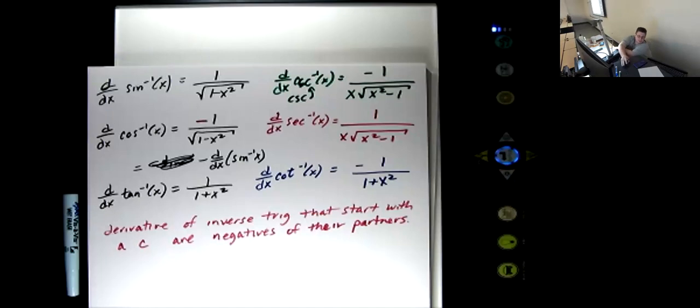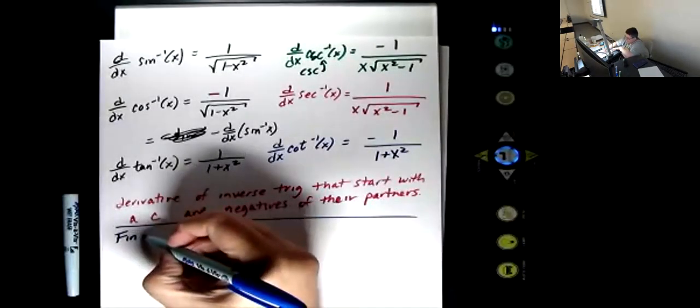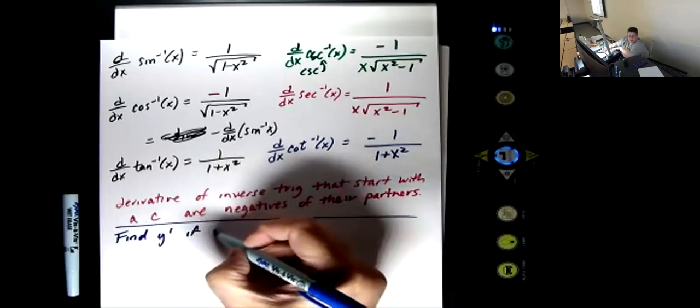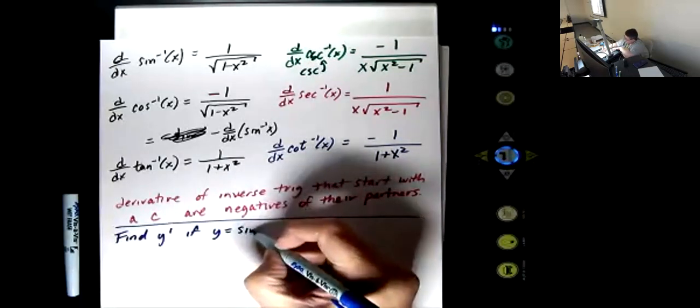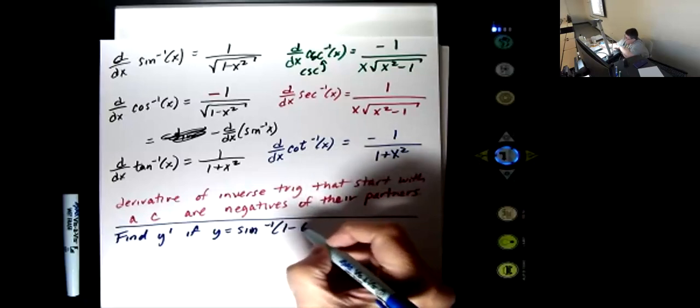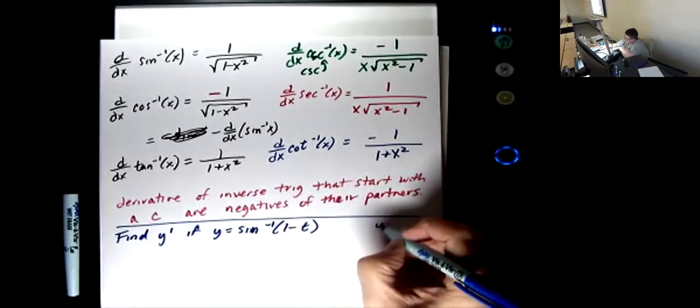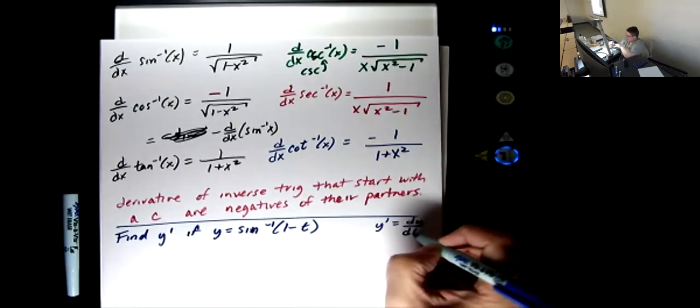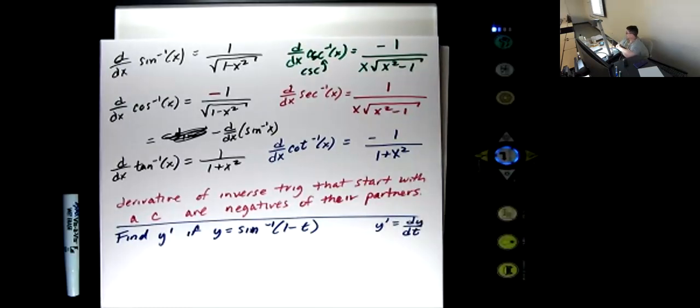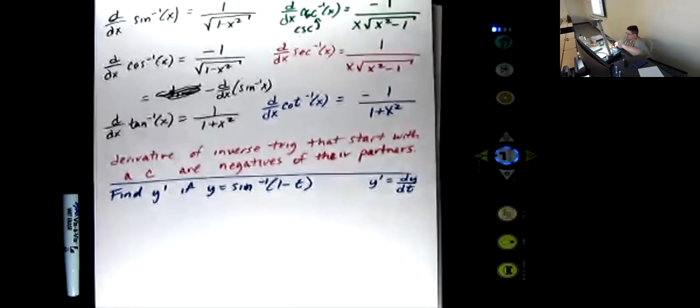All right, so we got a couple more examples we want to do here. Let's find y prime if y equals sine inverse of 1 minus t. So y prime here means dy/dt, not dy/dx.